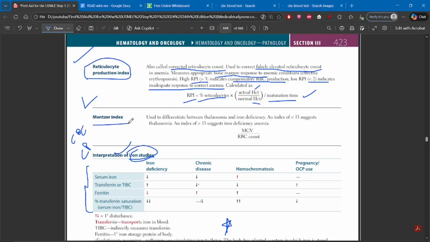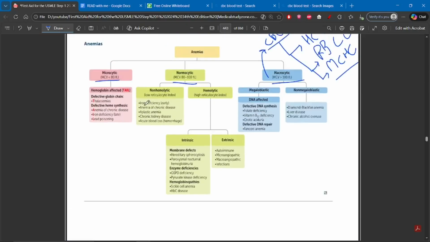Moving on to the Mentzer index. The Mentzer index is used to differentiate between thalassemia and iron deficiency, because both of them are part of microcytic anemia, and both of them are relatively more common than the other two. The most common is iron deficiency, and after that I would say thalassemia is more common.